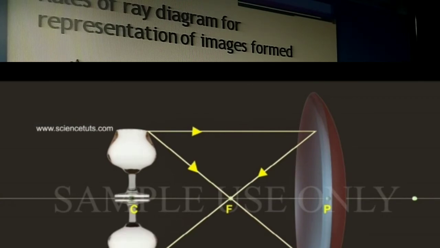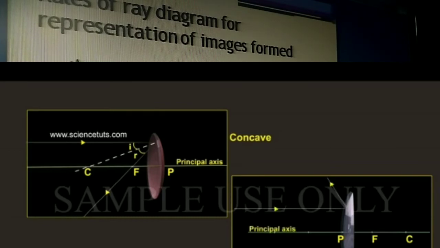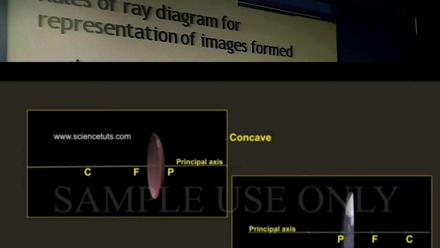Next, rays which come parallel to the principal axis will always pass through the focal point or principal focus, and rays which pass through the principal focus from the source will travel, after reflection from the mirror, parallel to the principal axis.